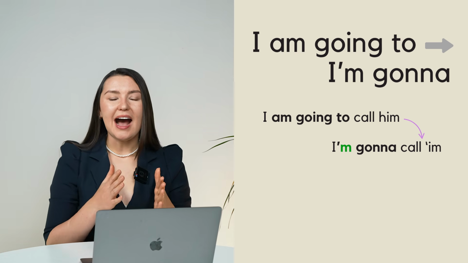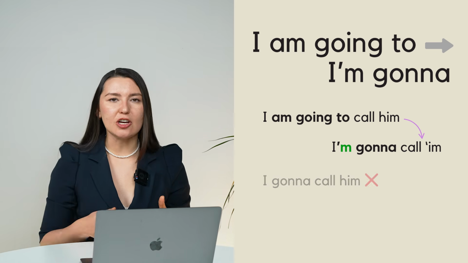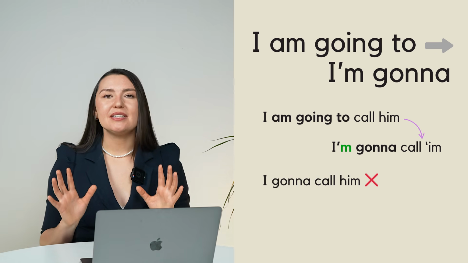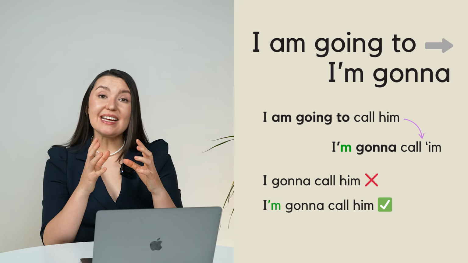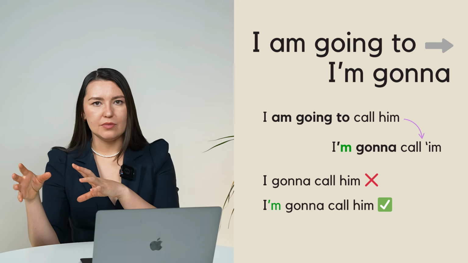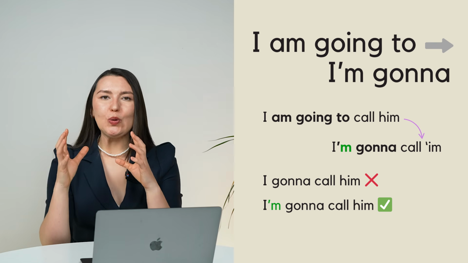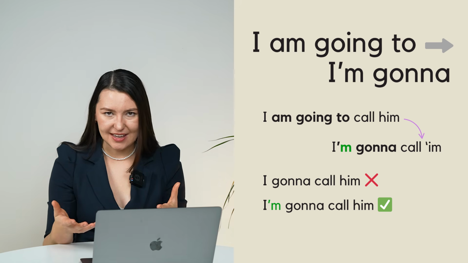Instead of saying "I'm gonna call him", very often I hear "gonna call him". This is a mistake. You have to keep the verb to be because "gonna" stands for "going to". All right? It does not include the verb to be. That's why you have to say it.